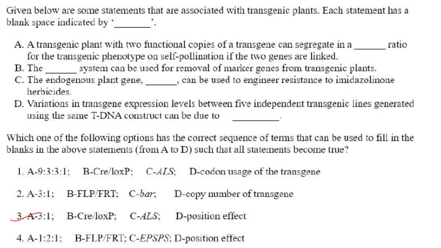Then variations in transgene expression levels between independent transgenic lines generated using the same T-DNA construct can be due to position effect. So D is position effect. So the answer is option 3, that is A 3:1, B Cre-lox, C ALS and D position effect.